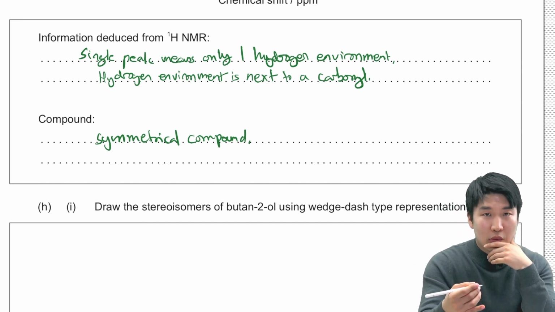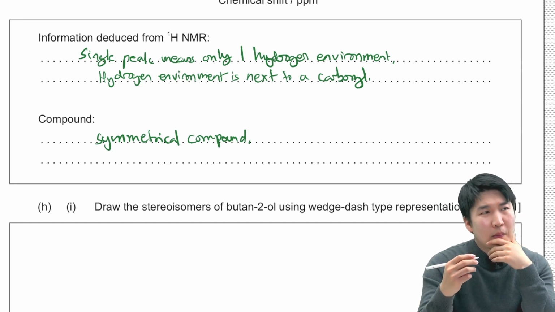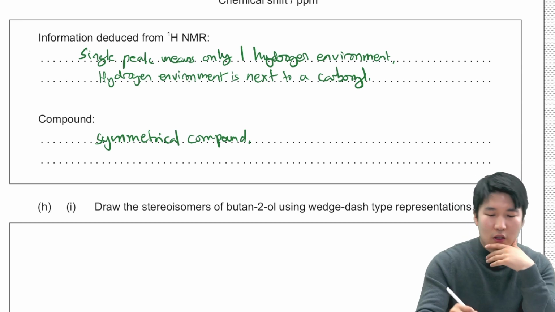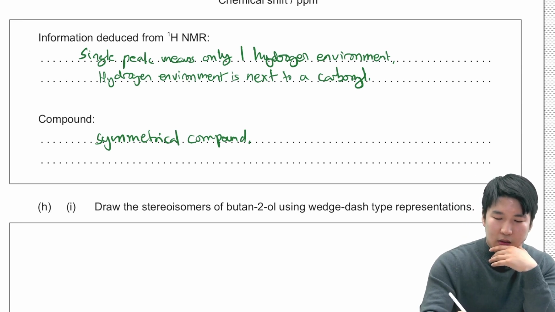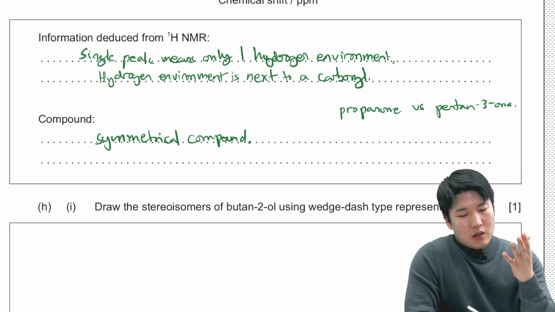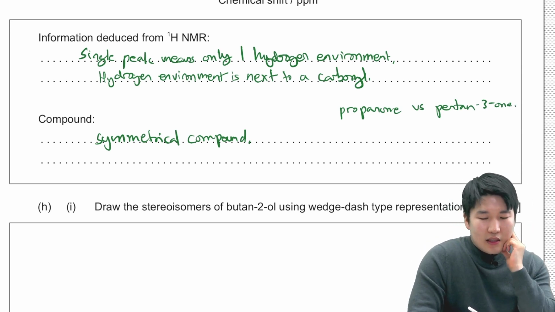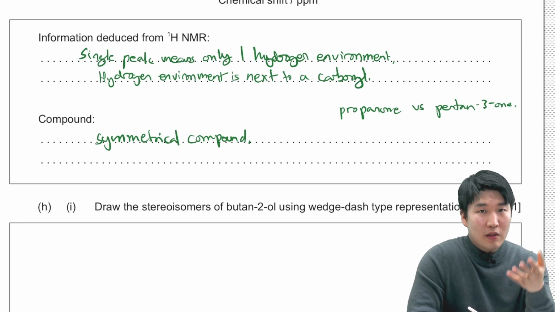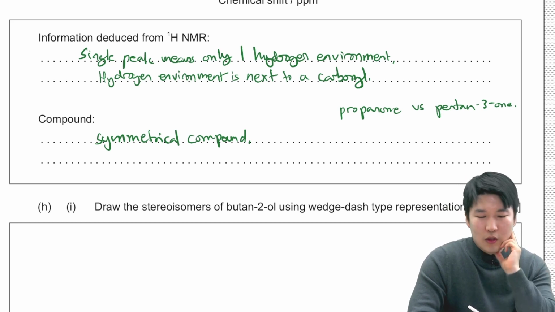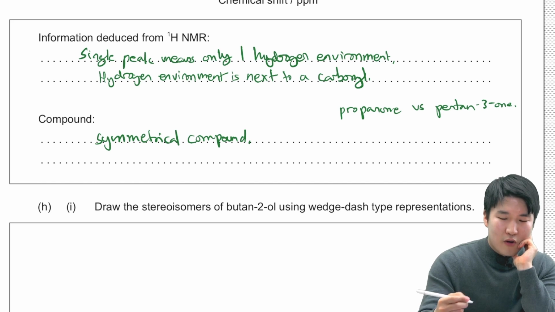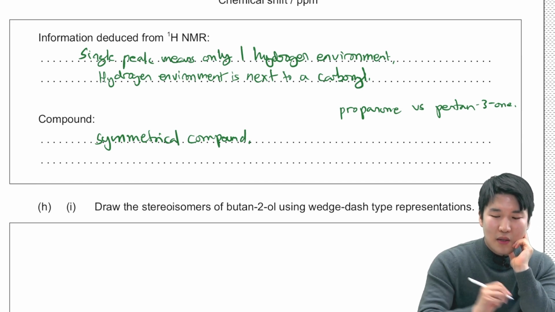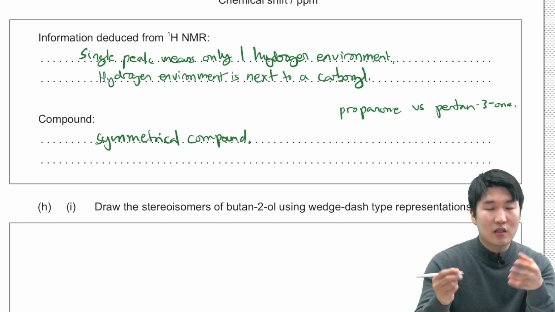And it could be a propanone or a pentanone, specifically pentan-3-one. We do have some mass spec data that our unknown compound has 58 grams per mole. So if we work out the Mr, the relative molecular mass, of propanone and pentan-3-one, we'll be able to decide which of the two it is.